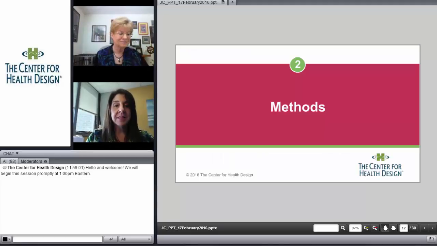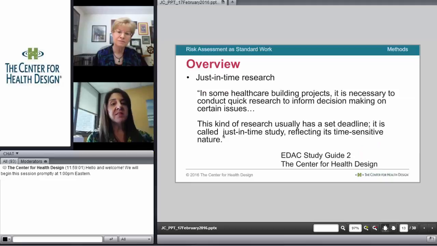Okay. Well, you used some very interesting methods in this study. So just talk to us a little bit about how you conduct these risk assessments in these cases. Sure, and as I quoted here from the EDAC study guide, just-in-time research, FMEA is a wonderful tool to use for just-in-time research, which helps you quickly with our design projects.